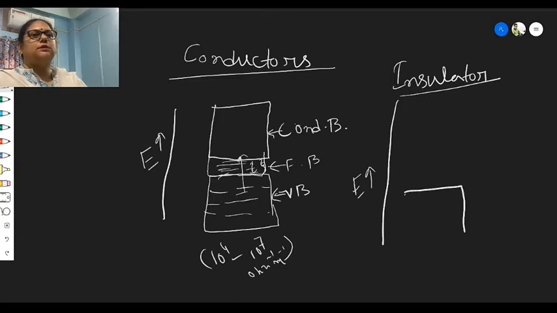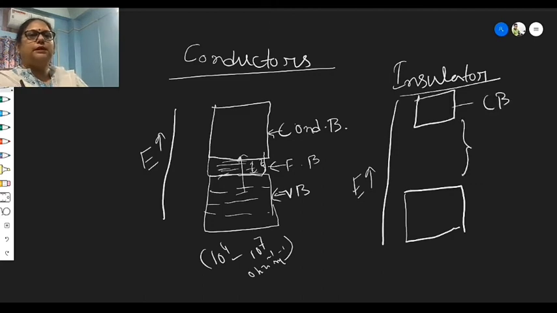Say this is an insulator. Now the gap between the valence band and the conduction band is large. This is your conduction band, this is the forbidden band, and this is your valence band. So the gap is very large.